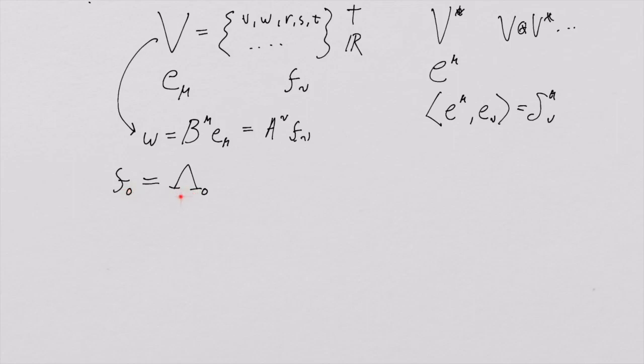This alerts us to the fact that this scalar is associated with some sort of representation of the 0 basis vector. And then I'm going to write out the expansion in this form.